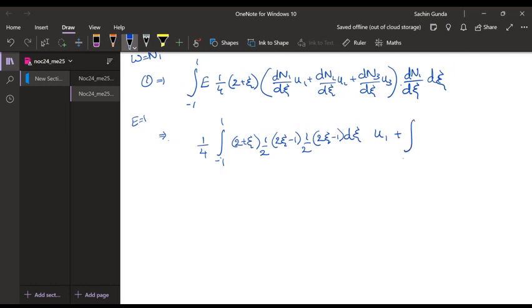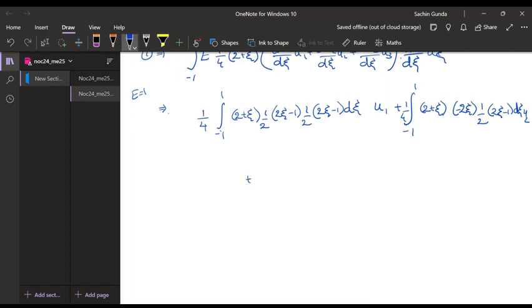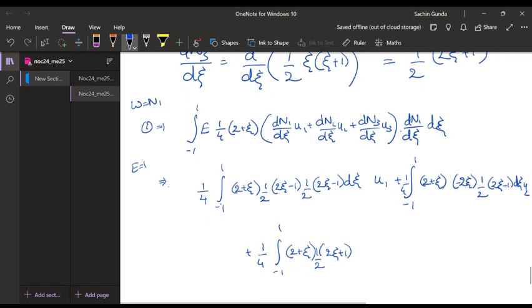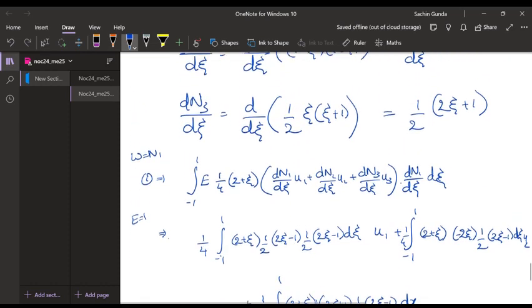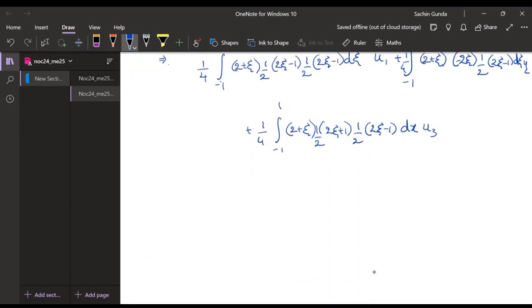Similarly, if we separate the other two terms, they show up this way: minus 2 zeta times half of (2 zeta minus 1) d zeta u2, and the third term will be dN3 by dx, which is half of (2 zeta plus 1), into half of (2 zeta minus 1) dx u3.